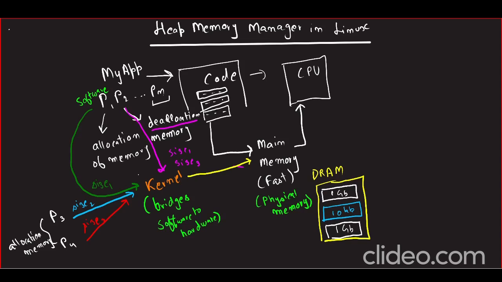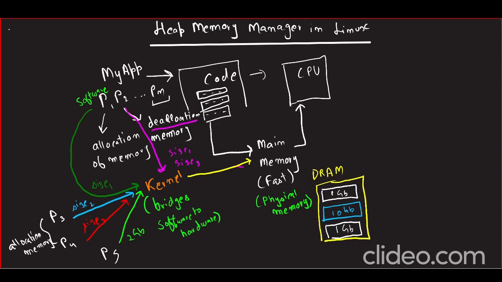Now let's call for one last process, P5, and this says to the kernel, hey dude, can you allocate 2 GB of memory for me? The kernel says okay, I can do that. Well, let me actually look if I can do it or not.